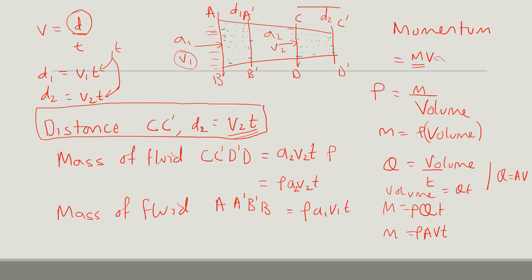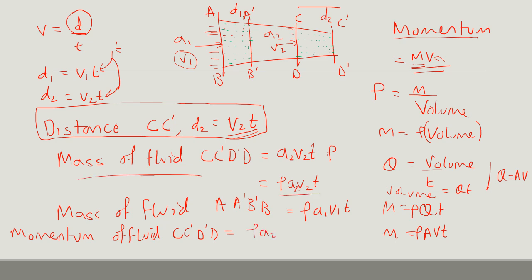And what is momentum? Momentum is mv. Is that correct? So now we can easily say that momentum of fluid c prime d prime d will now be equal to this mass, which is this rho a2 v2 t multiplied by velocity at that point, which is also v2. So this will be equal to, I'm going to erase some things here now to clear up some space.